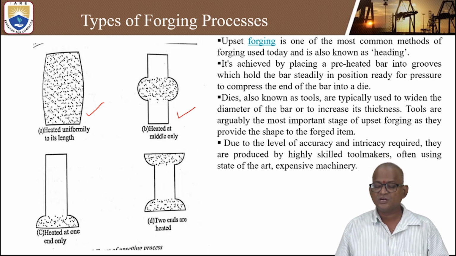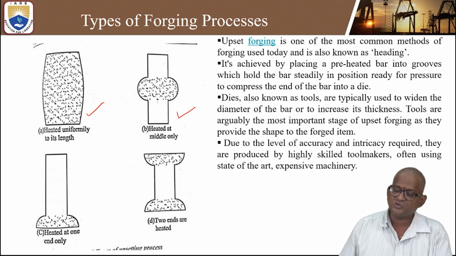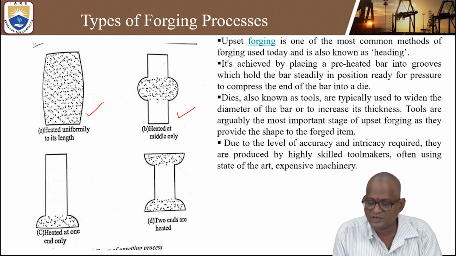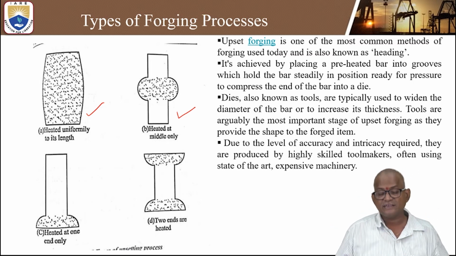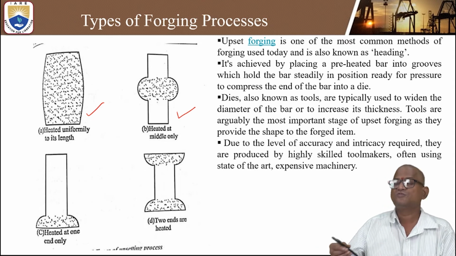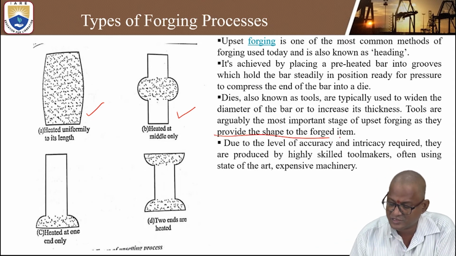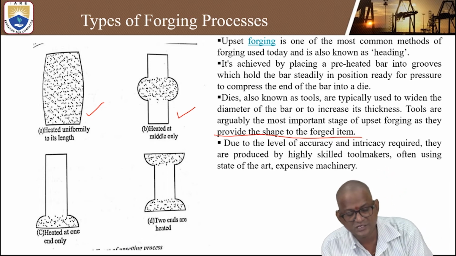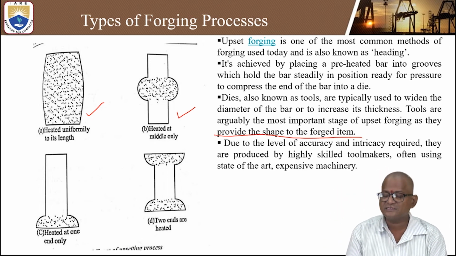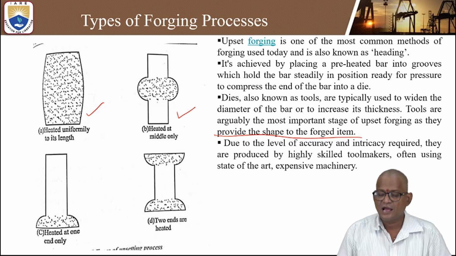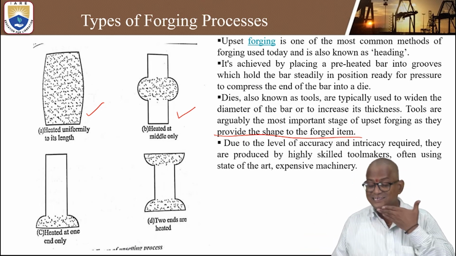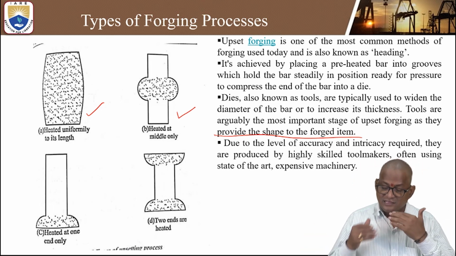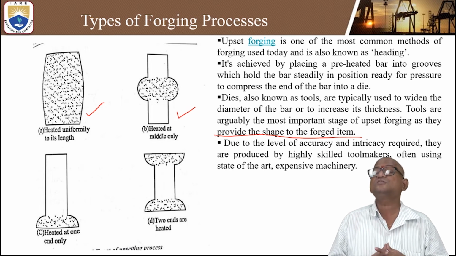One more thing: tools are arguably the most important part of upset forging, as they give shape to the forging. This is what is important. And the last point in this upsetting process: due to the level of accuracy and intricacy required, they are produced by highly skilled toolmakers.